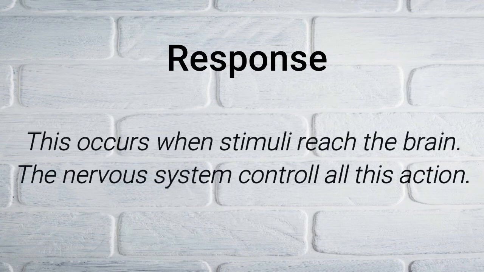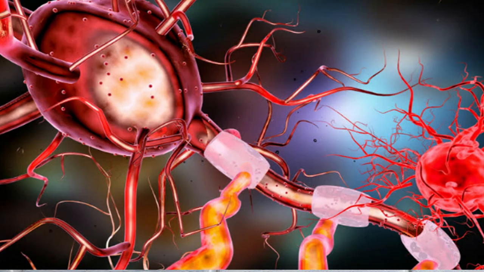Those impulses reach the brain, and the response occurs. This occurs when the stimuli reach the brain; the nervous system controls all this action. The connecting link between the tongue and the brain is the nervous system. The stimulus is carried as an impulse through the nervous system to the brain. Everything is controlled through the nervous system.